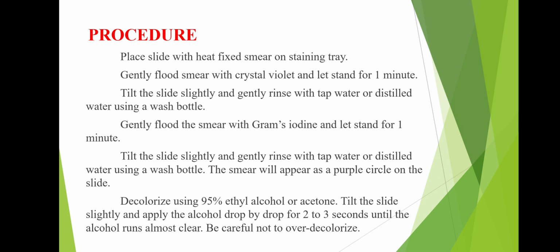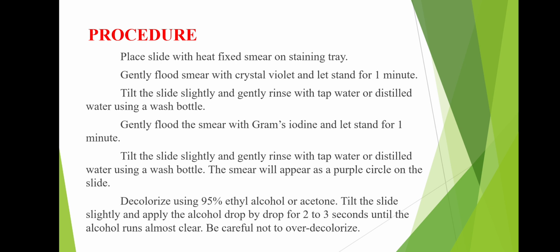Next we will use the decolorizing agent, acetone or alcohol. The alcohol removes the crystal violet iodine complex from Gram negative cells, since crystal violet does not adhere strongly to the thin peptidoglycan layer, and the cells become transparent.